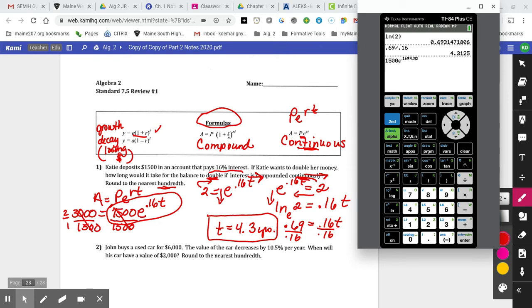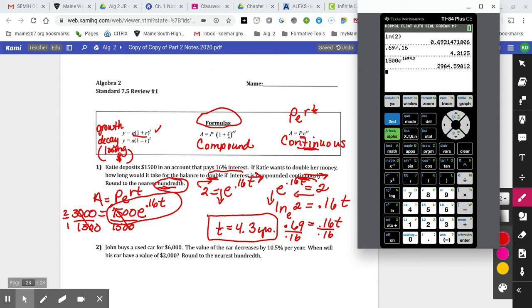I'm going to hope that gets me close to 3,000 or I have made a mistake. And hey, it does. 2984.59. Now, the reason that it's not quite 3,000 is because I rounded. So anytime I use rounding, we get what's called rounding error. So this isn't an exact amount, but according to the rounding rules that they've asked me to do, rounding to the hundredth, that's 2 decimal places.